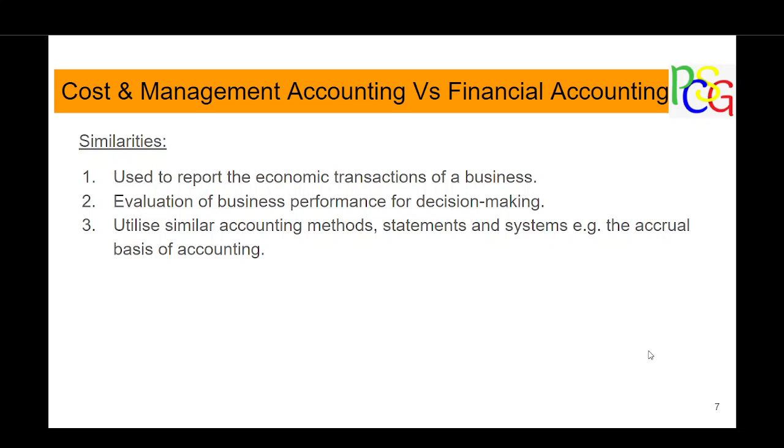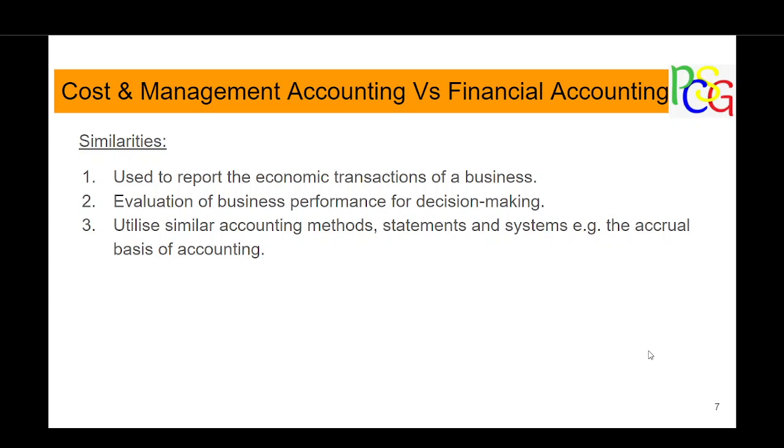And the second similarity I have here is the evaluation of a business's performance for decision making. Once again, users of accounting information need accounting information to make decisions. It's all about facilitating accurate and informed decision making. For instance, in financial accounting are the financial statements.